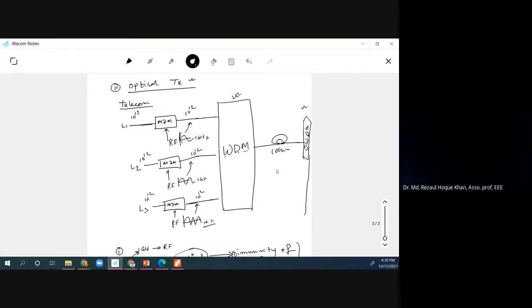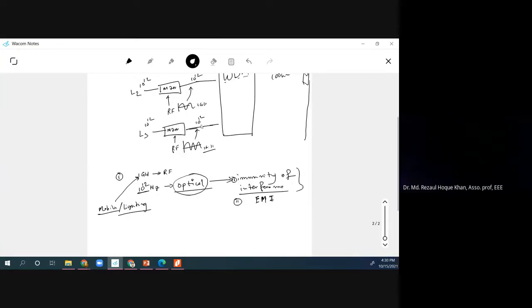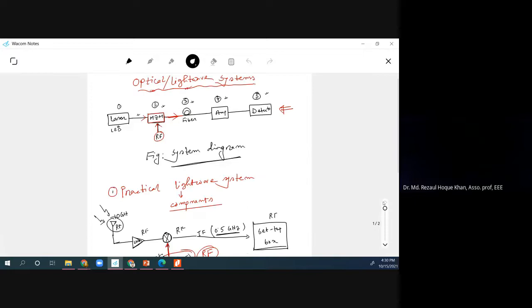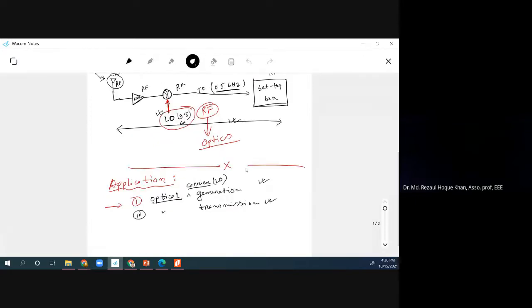This system can range from very simple to very complex. So what is the second one? Optical generation, right? These are the two main broad areas where optics can contribute, either optical generation or optical transmission.